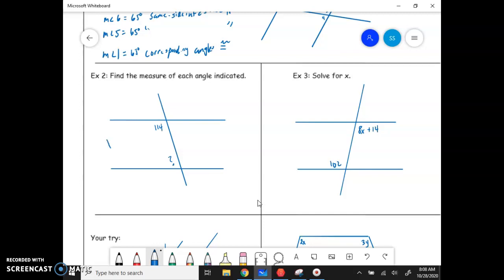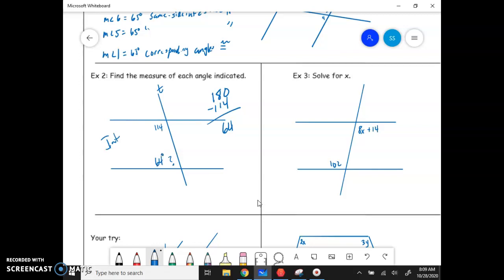Well, they're both on the interior and they're on the same side of the transversal. And so these are going to be supplementary angles. So all we have to do to find this is 180 minus 114 and we get 64. So the measure of this angle is 64 degrees.